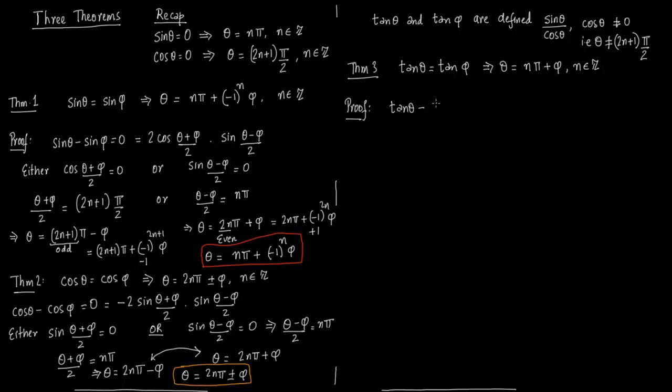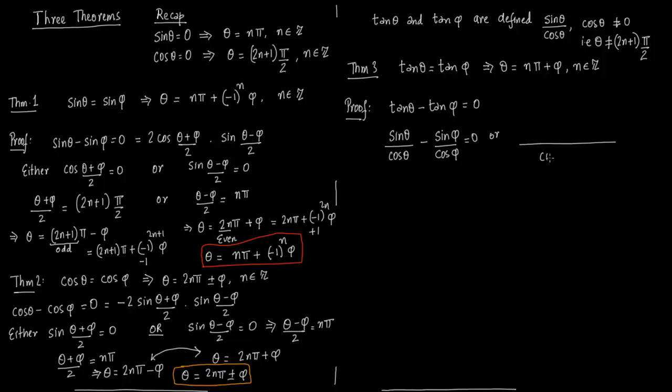So we have tangent theta minus tangent phi is 0. We just write down tan theta as sin theta by cos theta and tangent phi as sin phi by cos phi. Now we just expand out the left hand side.